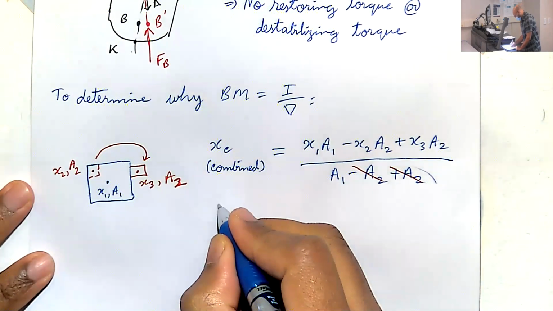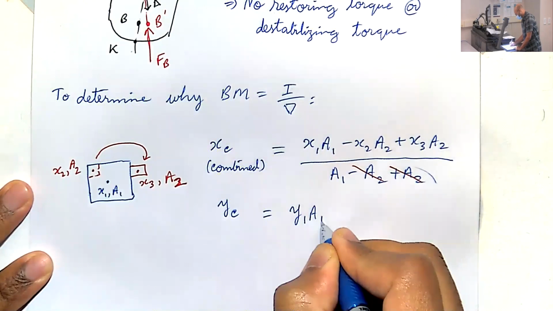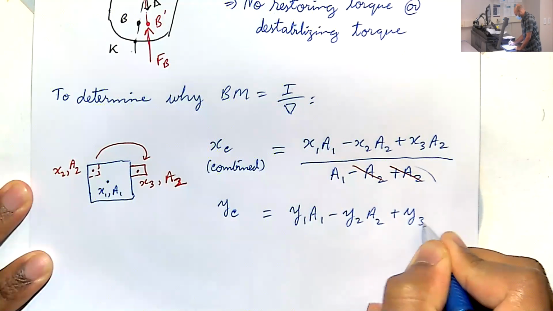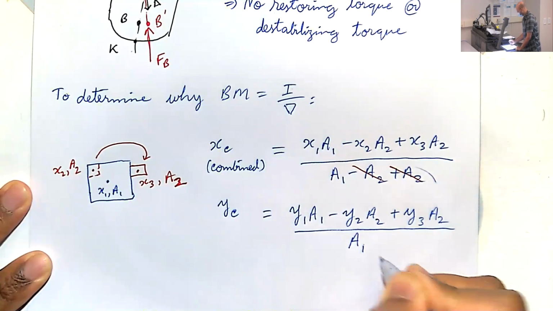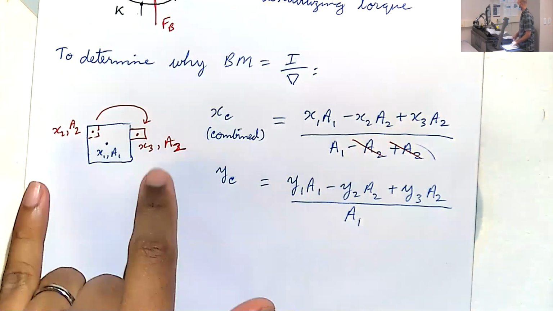Similarly, you can compute the y centroid. It's basically y1 a1 minus y2 a2 plus y3 a2. And here we have done it for a flat object, so just talking about the area.